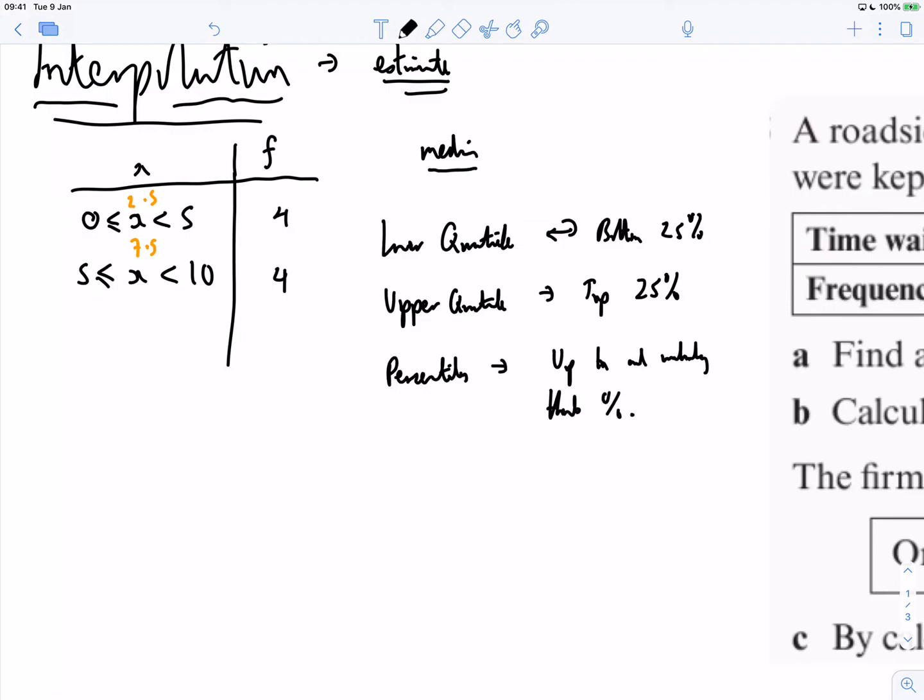So for example, if I say you're in the 90th percentile, that essentially means you've beaten 90% of other data points, i.e. you're in the top 10%.